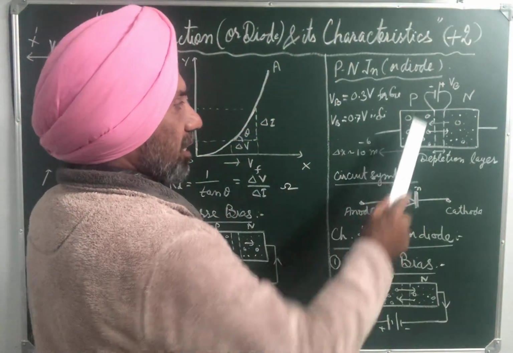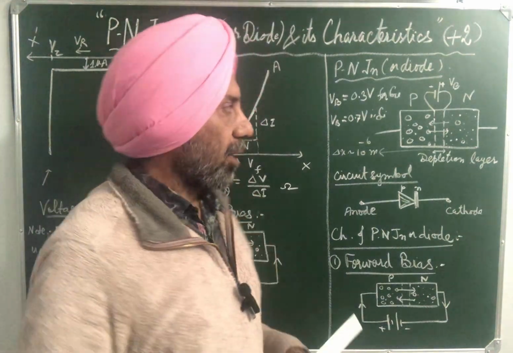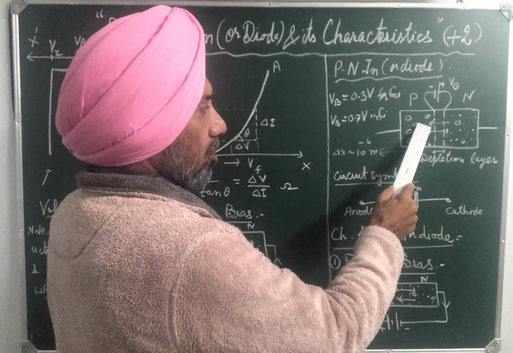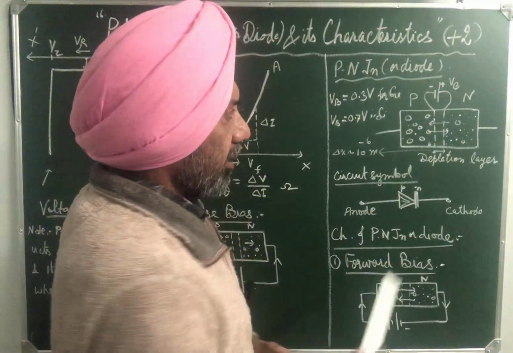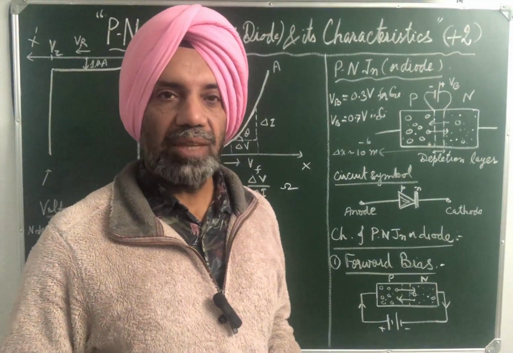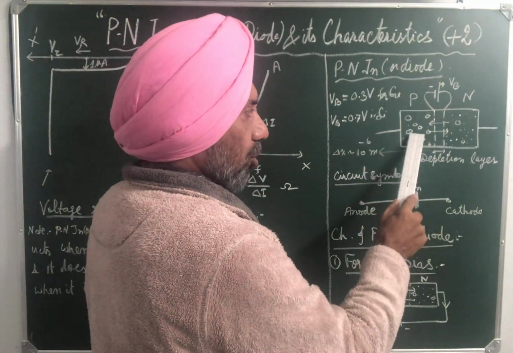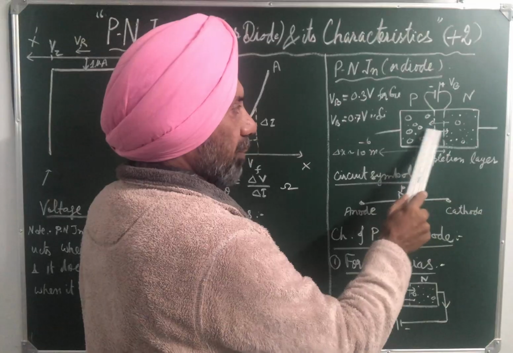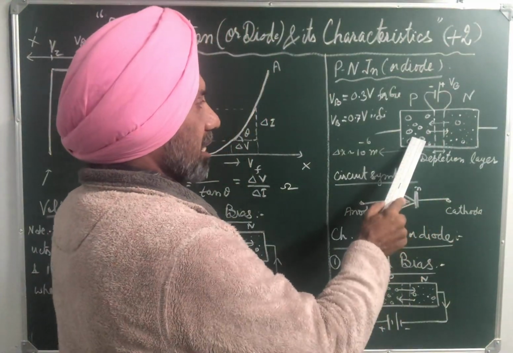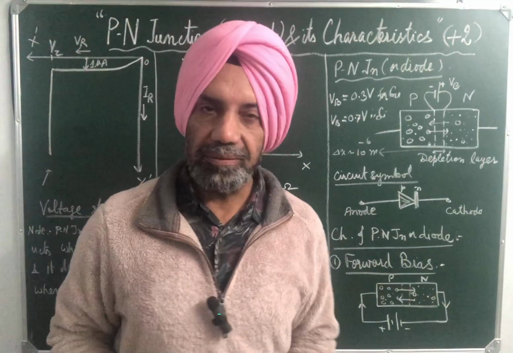Then due to thermal agitations, a few electrons from the n section get diffused into the p section, thereby leaving the n section at slightly positive potential. Similarly, a few holes may get diffused from the p section to the n section, thereby leaving the p section at slightly negative potential.